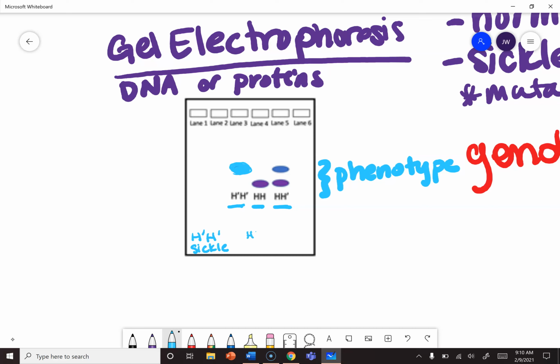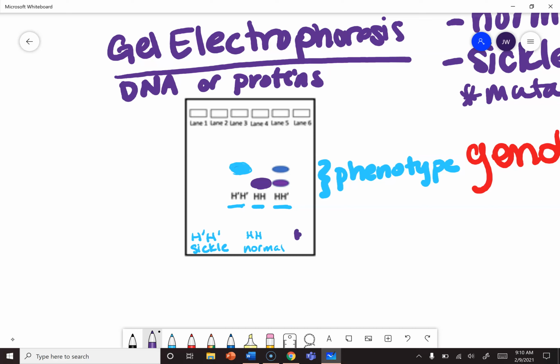For the individual that is homozygous normal, we have the same situation. We have this purple protein, stained purple so you can see the difference, and we have two alleles, but we have only one type of protein because they're each directing the same protein.